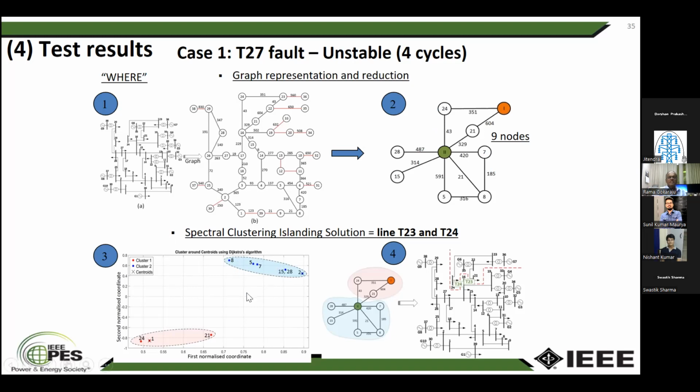So this is one region and this is the other region. Once we have the graph reduction and the spectral clustering done, then we can see where to separate. Okay, so we can have these out of step relays located in these areas, T23 and T24, to do a controlled islanding or an intelligent islanding.